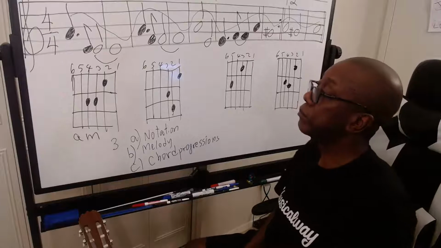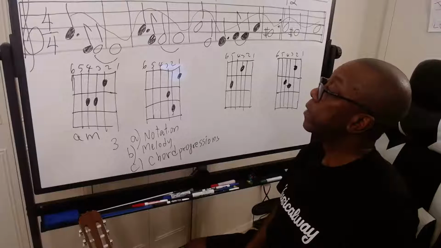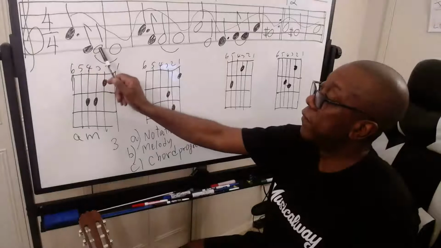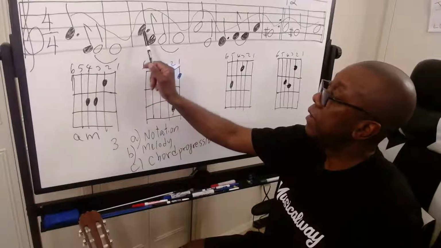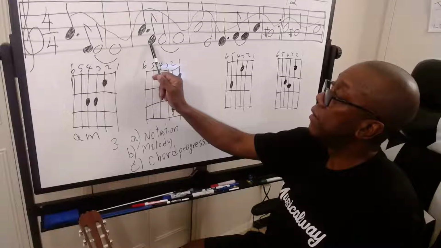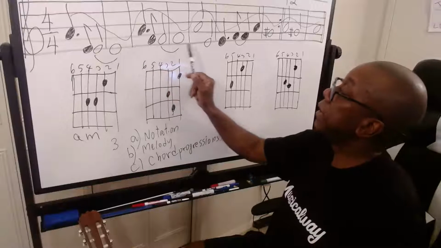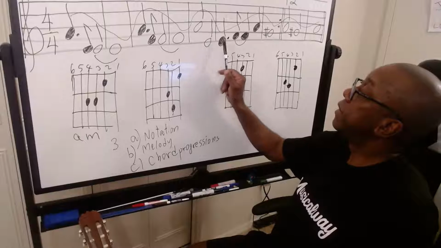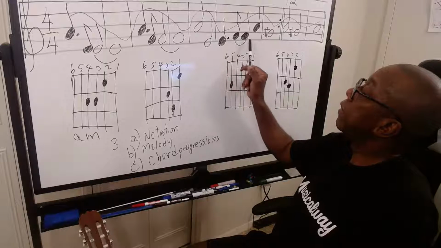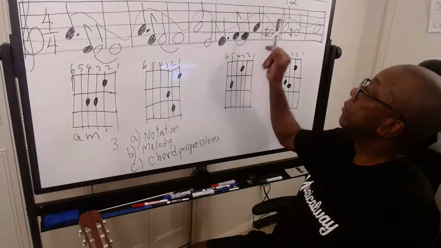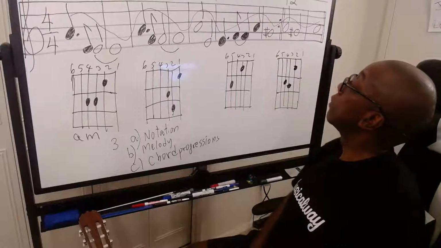It's easier. Okay. So here I have a fourth, repeated and held, a third, repeated and held, 2 halves, dotted quarter, an eighth tied to a quarter, and a quarter.